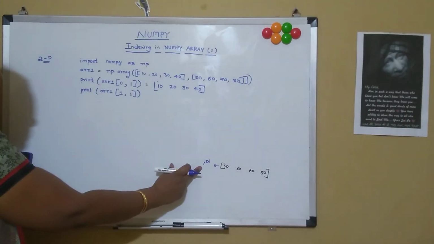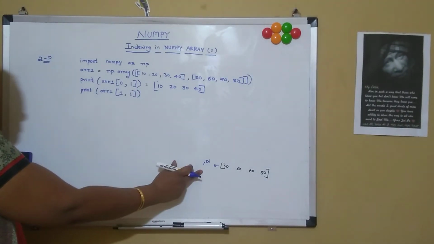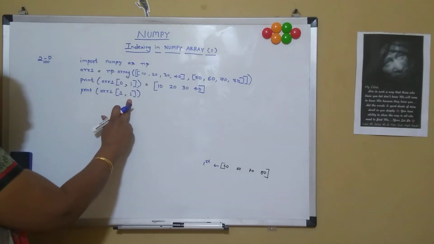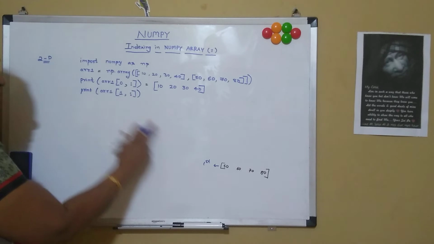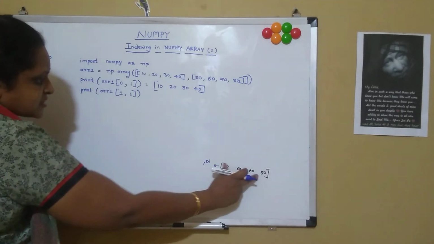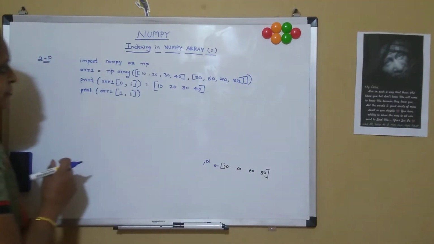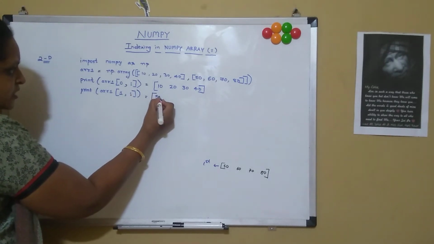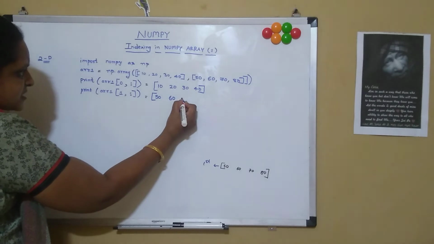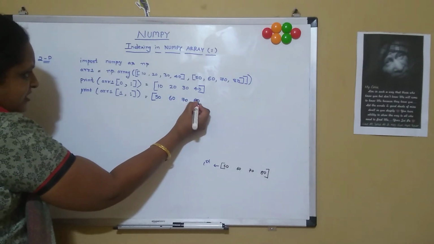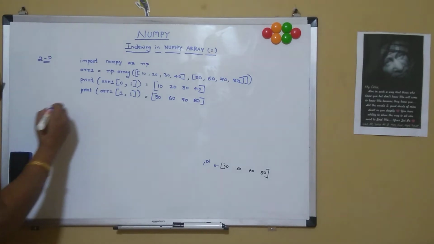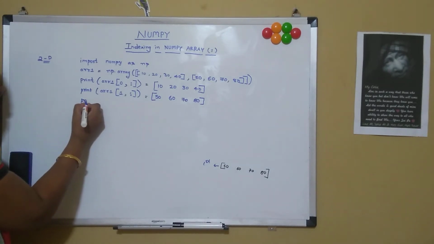The first row will be considered, and in the first row, for the column I have not specified any element, so I have specified colon. So all the column elements of the first row will be considered. So my output in this case would be 50, 60, 70 and then 80.